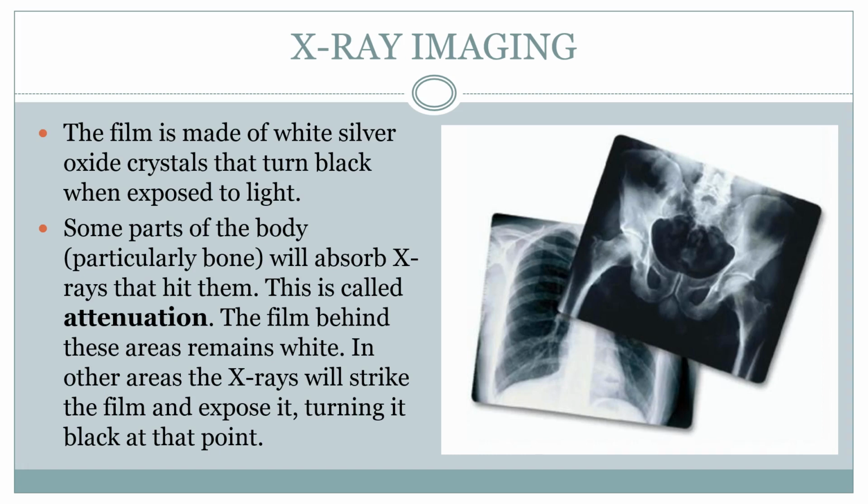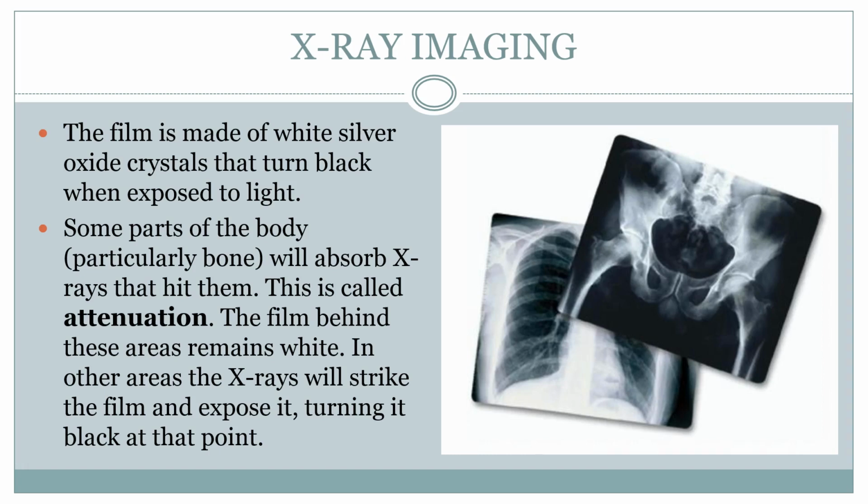Now, this property of absorbing X-rays is referred to as attenuation, and we say that that part of the body attenuates X-rays. Since no X-ray light will pass through that part of the body, the film behind that part of the body will be unexposed and will remain white.